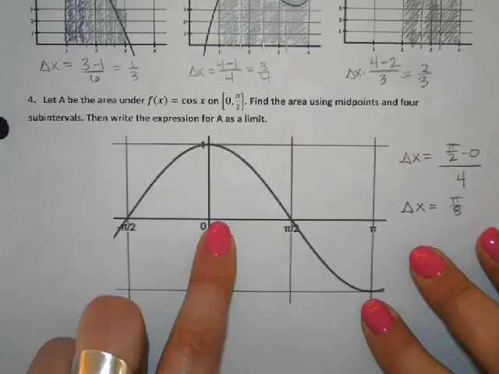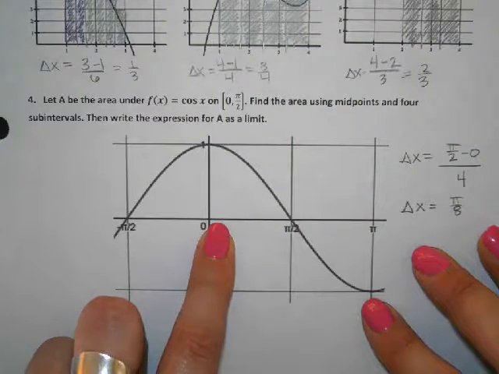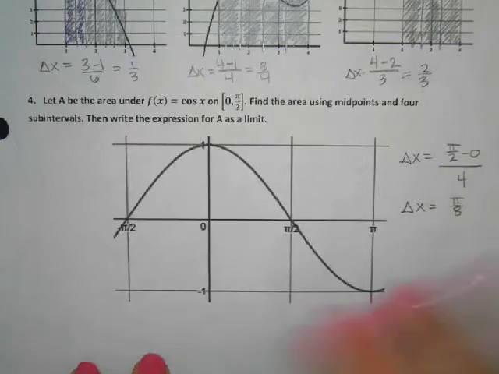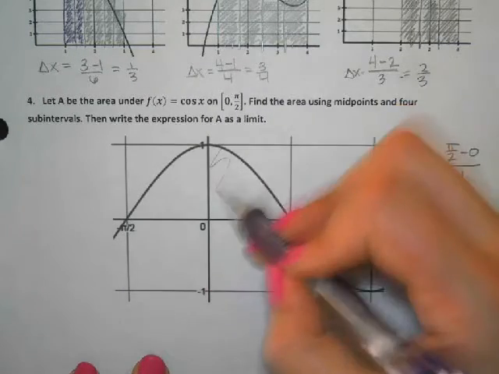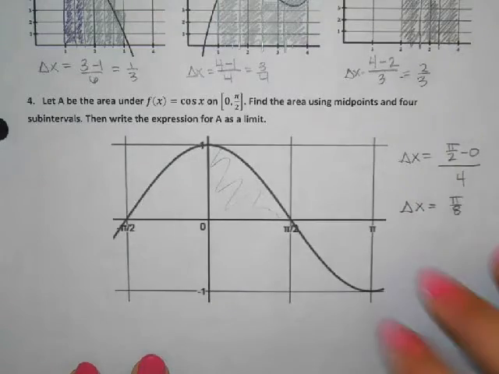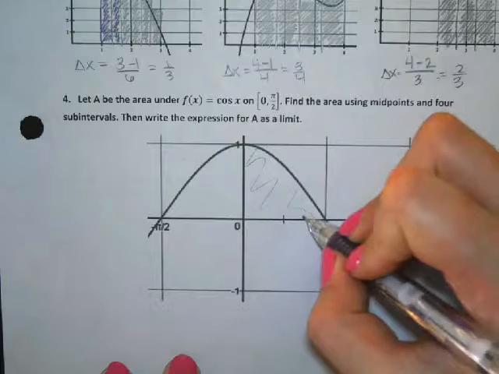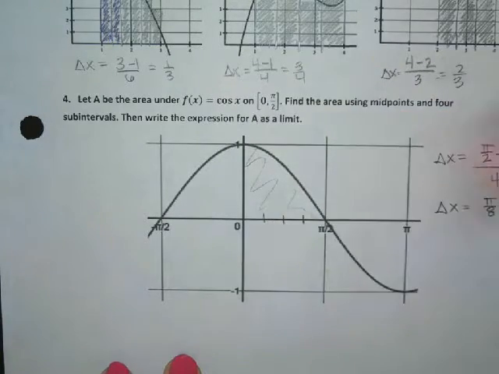Okay. And remember, when I say under the curve, I really mean between the curve and the x-axis. So we're not looking down here at all. We're only looking at this part right here. So I'm going to go ahead and make this into fourths. And it said they want us to use midpoints.